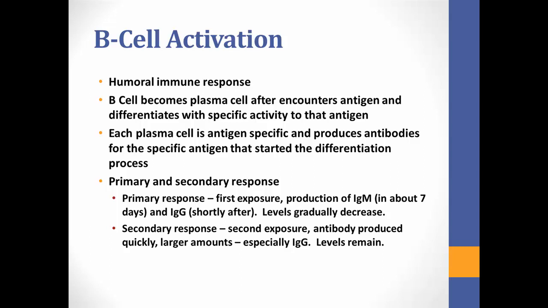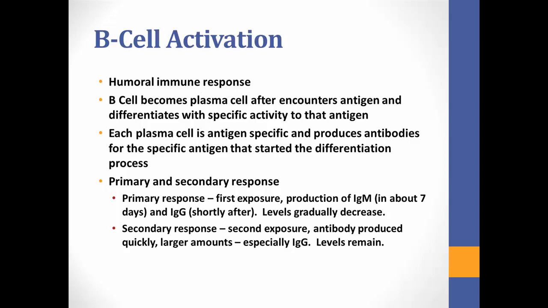So then you come back with the second time that same antigen comes. With that secondary response, this is what happens with second exposure. Because you have IgG, you have memory. Antibody is produced more quickly and in larger amounts than with that primary or first exposure response. And IgG is especially the type of antibody that would be produced.